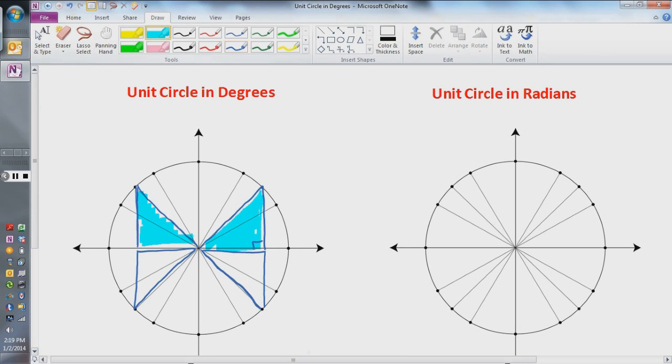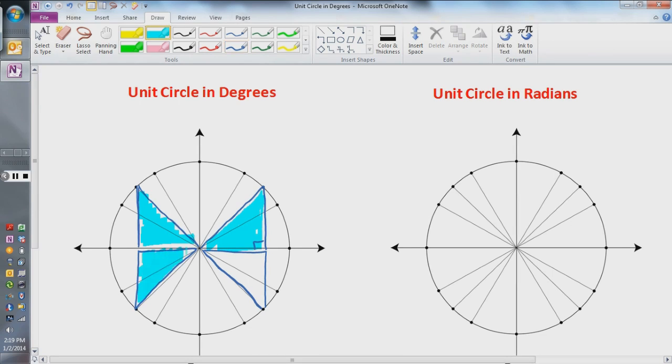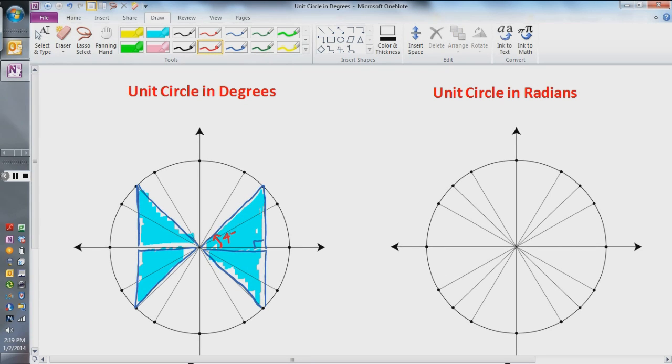So I have 1, 2, 3, 4 45, 45, 90 right triangles where this angle here is 45 degrees. This angle here is 45 degrees. We call this the reference angle. The reference angle is the angle between the line and the x-axis.